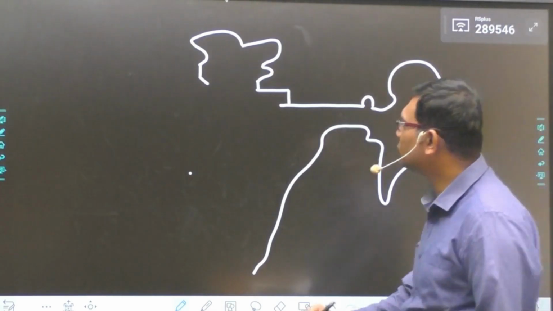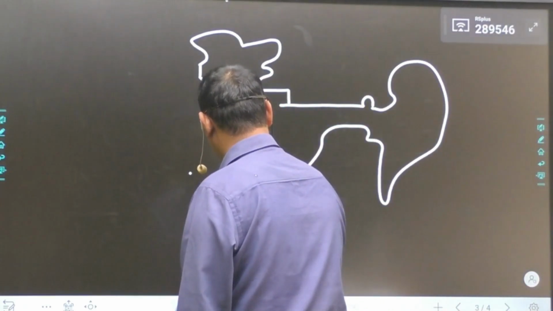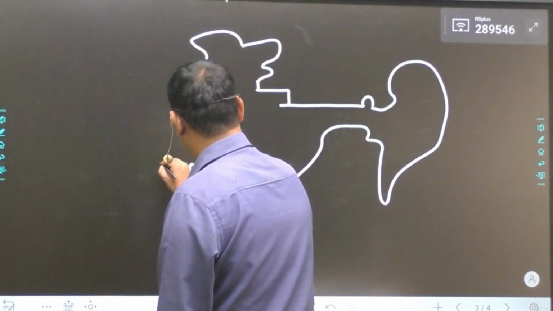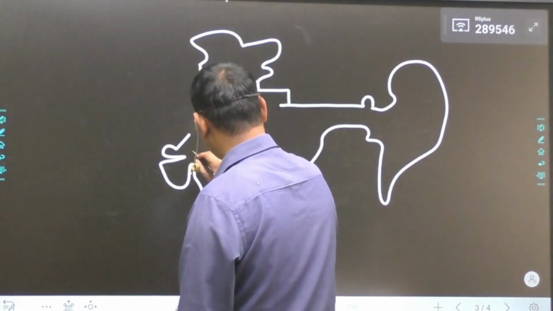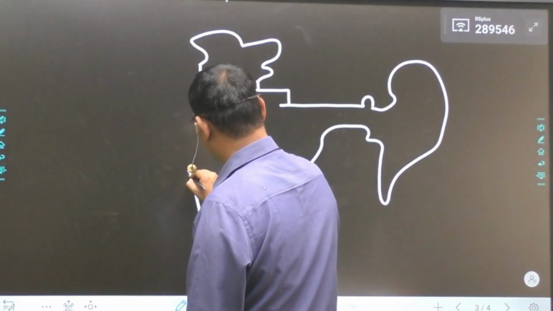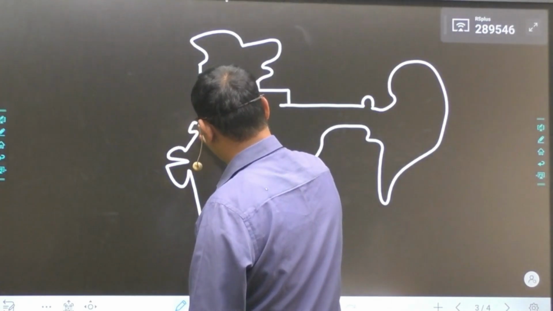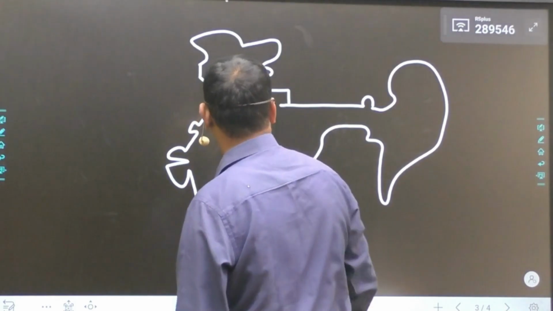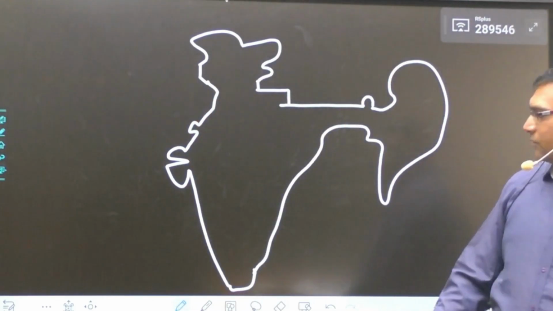This is how you have to practice the maps also. Within 30 seconds you can draw, if you are practicing it. Is it clear? Yes or no? Perfect map. We got it.